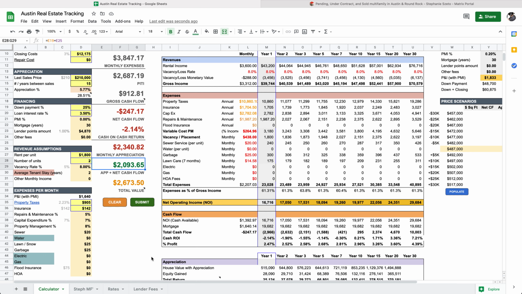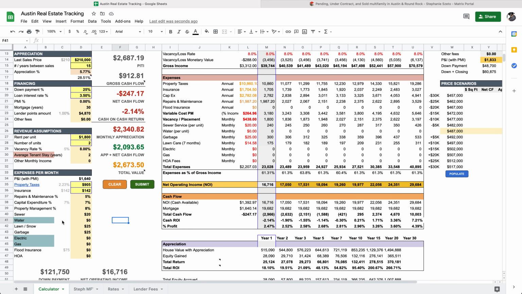I'm guessing you might have questions if you're super new to this. Some of these I don't really change from property to property, because for the most part, I talked to my agent to get a quick sense of what some of these things should look like. And I use them across all the properties. I use the same percentages. I assume a regular rate across all these different areas for yard care, garbage, stuff like that.